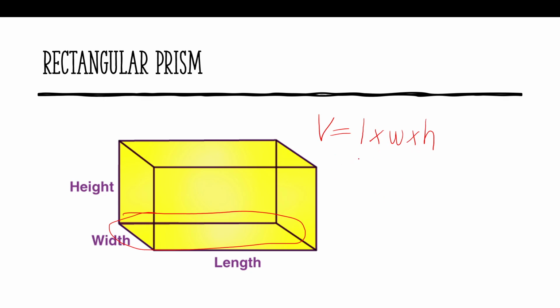So yun na yun. Now, sample natin. For example, the length is 2 units, the width is 3 units, and the height is 4 units. So, hindi muna tayo magsasolve. Doon muna tayo sa pag-create ng number sentence. So, what will be the number sentence if the length is 2 units, the width is 3 units, and the height is 4 units?